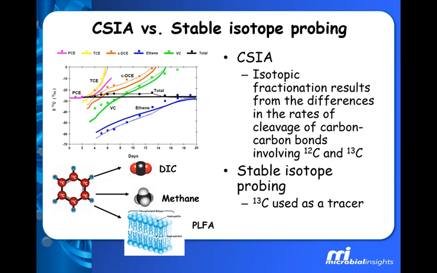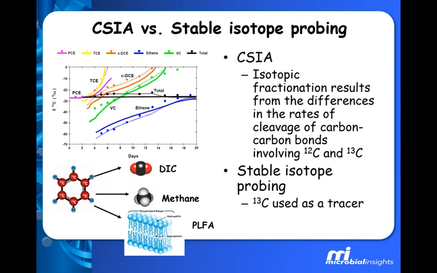Bonds involving carbon-12 and carbon-13 basically cleave at slightly different rates. The result is that as biodegradation proceeds, we see a change in the carbon-13 to carbon-12 ratio. But these changes are quite small, and it takes very sensitive instruments to detect them.